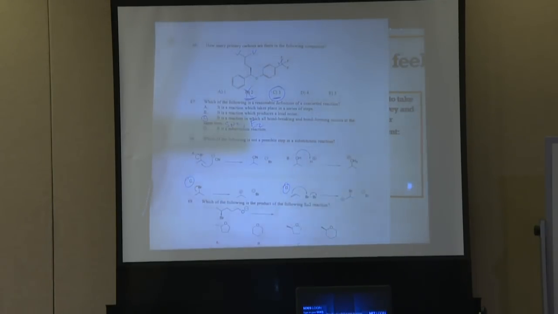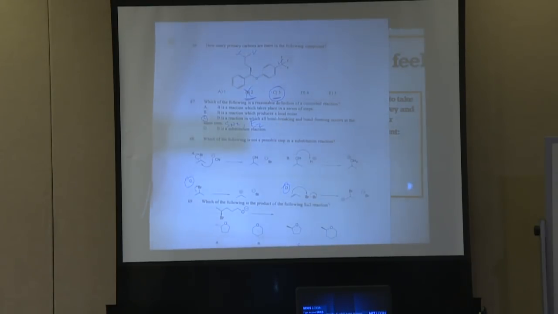So who said C? Okay, why C? Unless we just assume that there's some sort of reagent, you can't just have the bromine leave on its own. Are you sure? I mean, it's a good leaving group, but it can't just leave like that. Always? Are you sure? What about in an SN1?